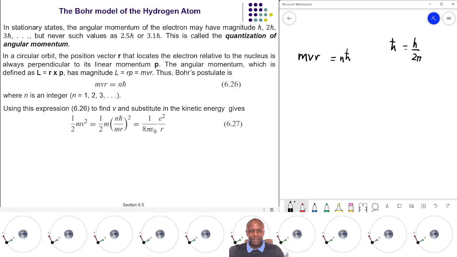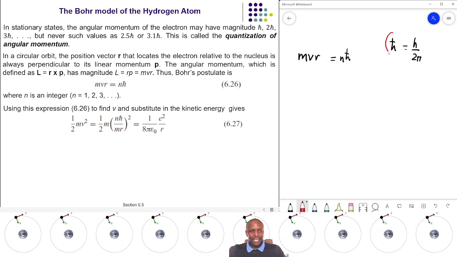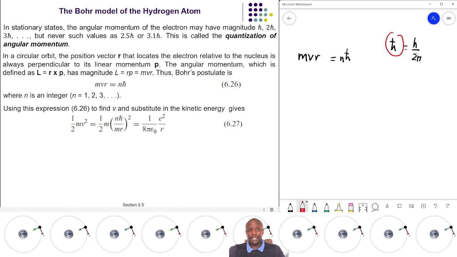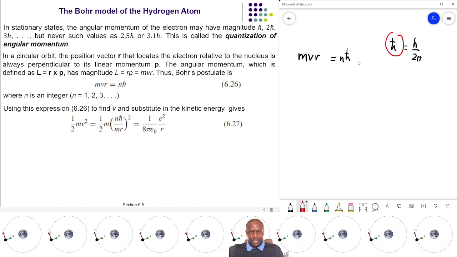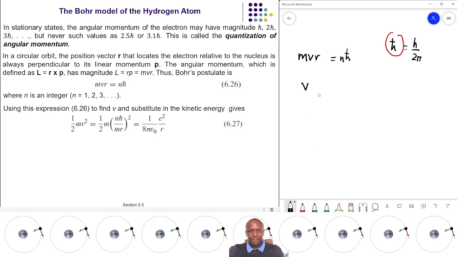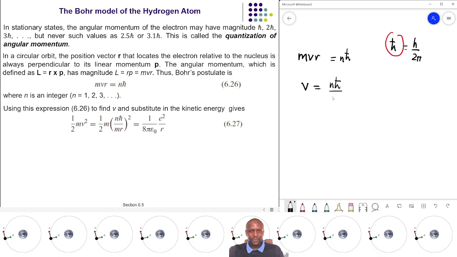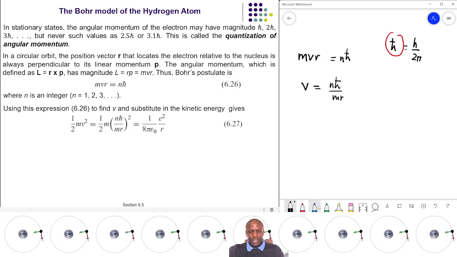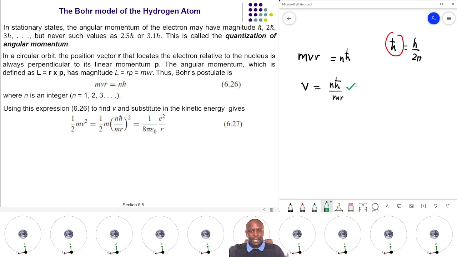But normally, in quantum mechanics, because we are at the h bar scale, we use h bar instead of the Planck's constant. If you make the velocity the subject of the formula, this is what you are going to have, mr. Now you take this and plug it into the equation of the kinetic energy.